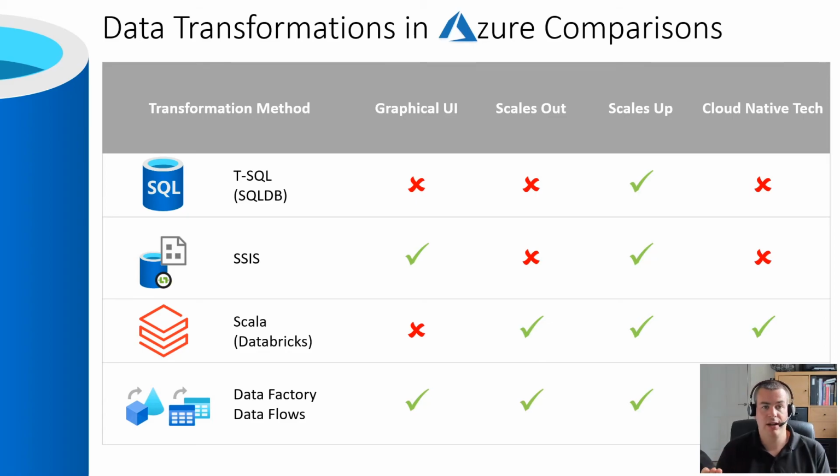With things like our SQL database, if we were going to write T-SQL to do that same aggregation that I did in my demo, we absolutely can. But we, of course, have to write the T-SQL to do it.